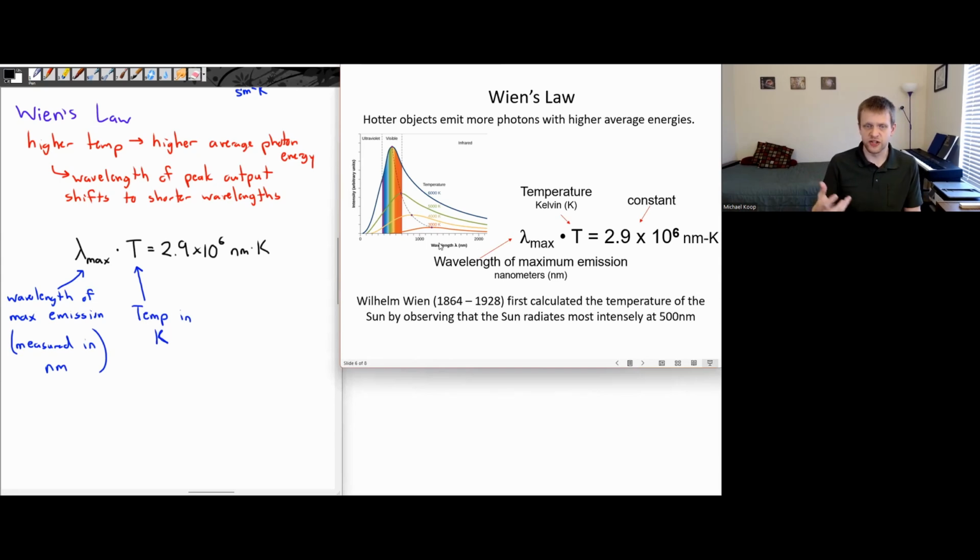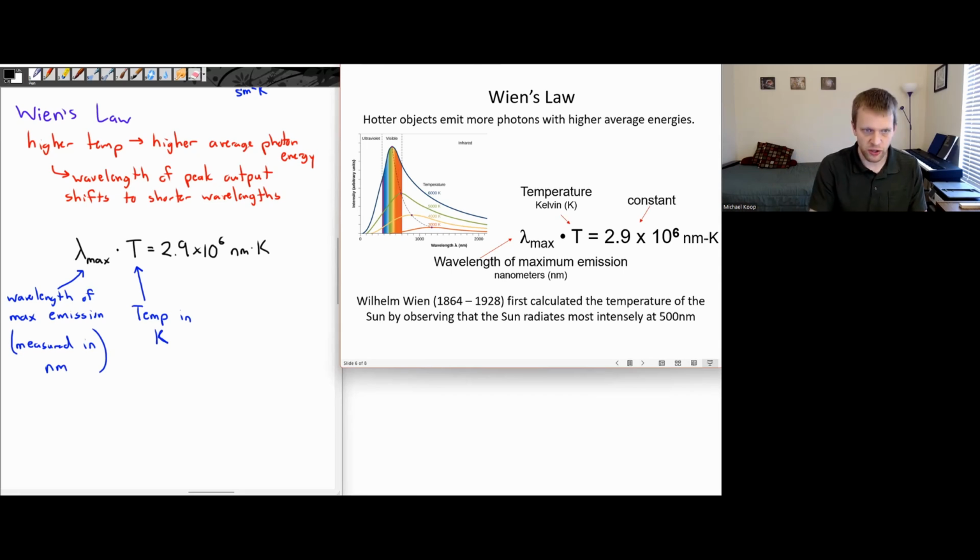And this is Wien's law because this was developed by Wilhelm Wien. He was the first person to actually calculate the temperature of the sun by looking at that spectrum of light, identifying the wavelength of peak emission, and identifying that the sun radiates most intensely at 500 nanometers. He was able to use this to figure out that we can calculate the temperature of the sun from this.